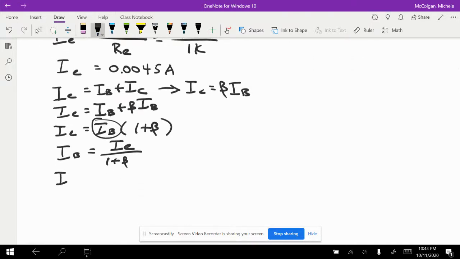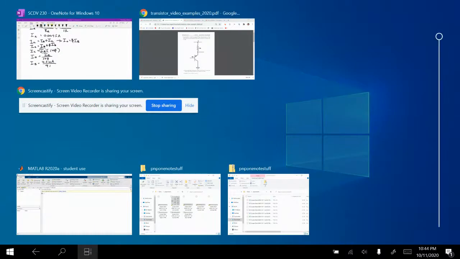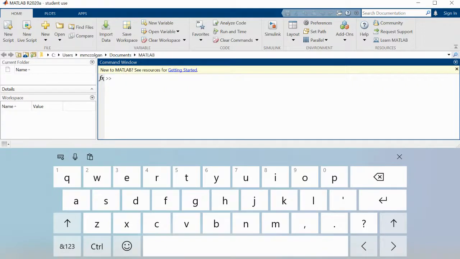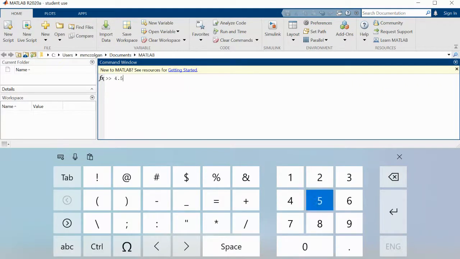Okay, so when we do that calculation, we get 4.5 milliamps divided by 91 because beta is equal to 90. So if we go to MATLAB, we can do a quick calculation. We can say 4.5 divided by 91.